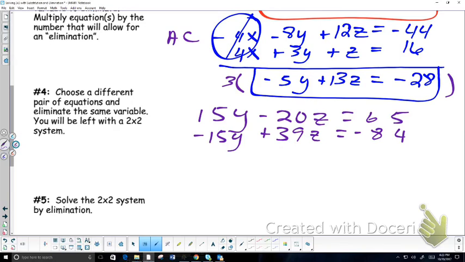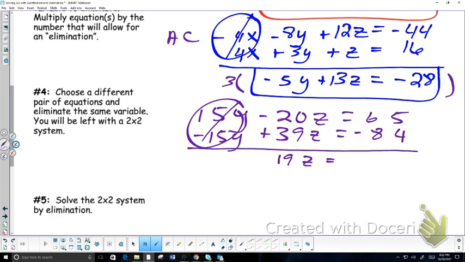So now if I were to combine these two, I'm going to eliminate my y's, and I'm left with what? 19z equals negative 19. Oh, struggling with a little math now. So z is going to equal negative 1. Now what you'll notice is we've got an answer, okay?